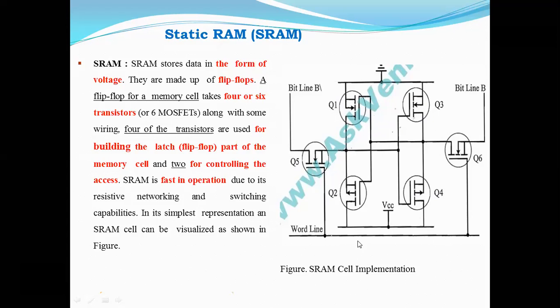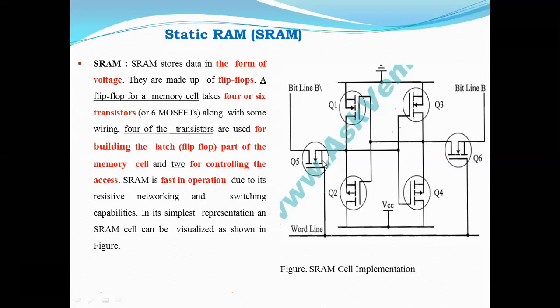Here they have shown a typical cell, a single cell implementation. The bit, the data, will enter on one side of the transistor, where it acts as a controller. Whenever the data has to be stored, the first MOSFET transistor placed at the entrance acts as a control.